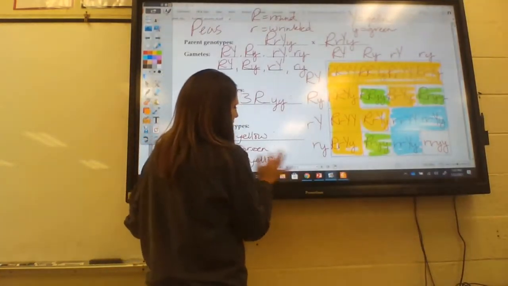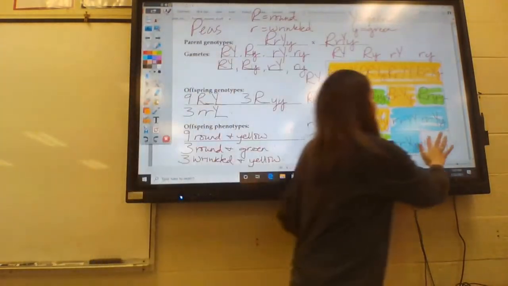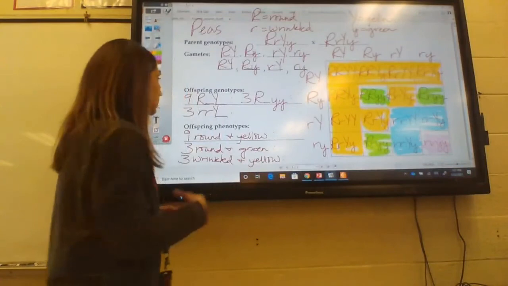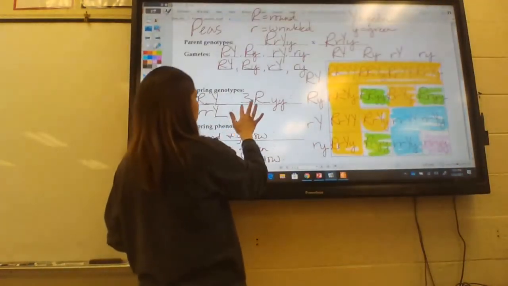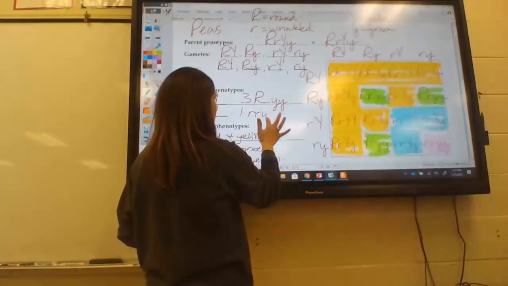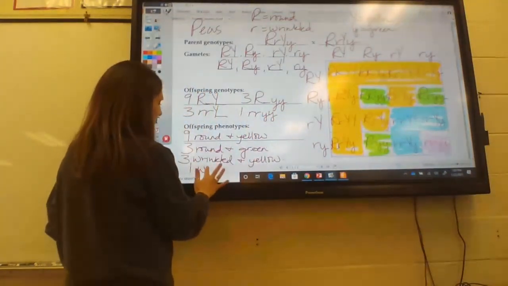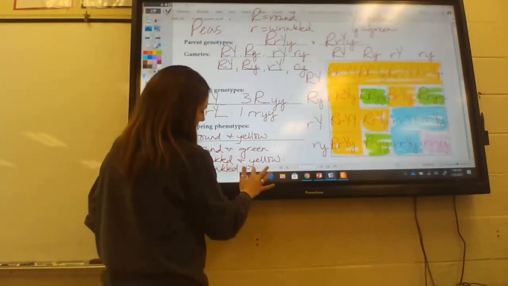All right, and then I only have 1 more little lonely individual that is homozygous recessive for both traits right there. Okay, so for this one, I'm just going to go ahead and write out the whole genotype. 1 little r, little y, and then again, 1 wrinkled and green down here for my phenotype.